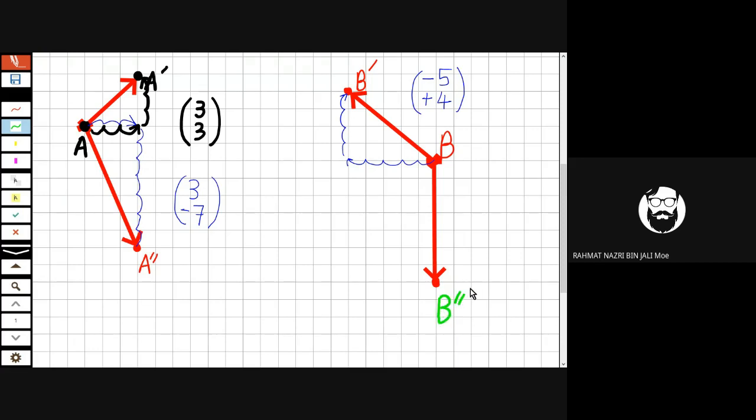The second image. Yang ini dia tidak bergerak ke kanan atau ke kiri. Jadi metric form for this translation is 0. Tetapi pergerakan ke bawah dia sebanyak berapa ni? 1, 2, 3, 4, 5, 6, 7. Jadi negatif 7.